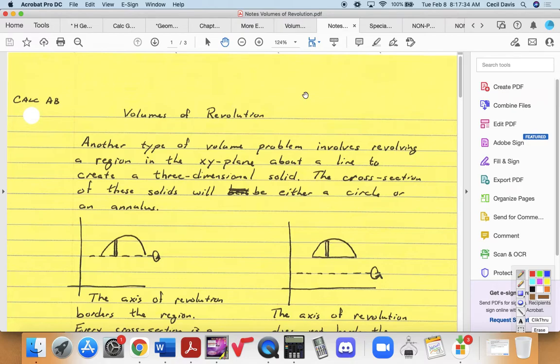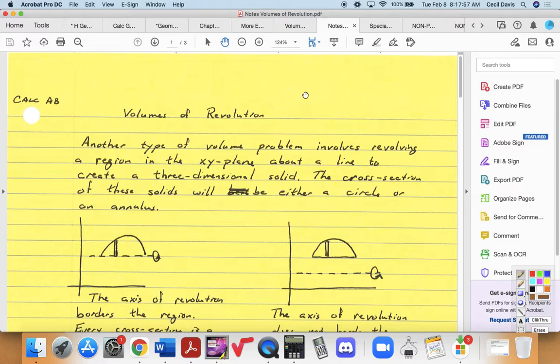Spatial visualization is one of the things that I'm naturally good at. There's not a lot of them, but that's one of them. So the cross section of these solids will either be a circle or an annulus every single time. So anytime they say revolved about this line, you know it's going to be either an annulus or a circle.